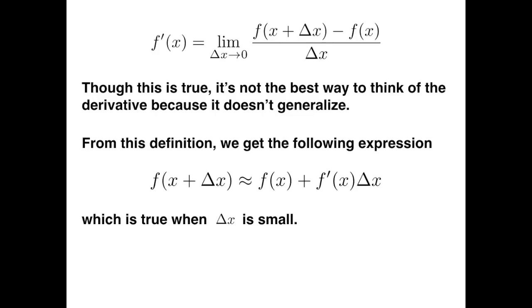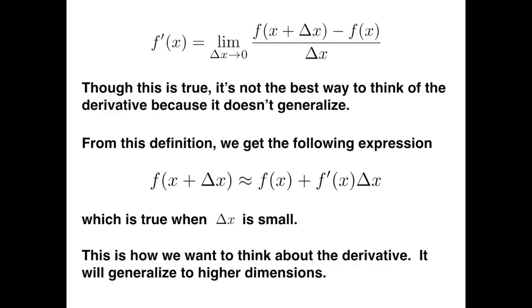From this definition, we get the following expression. F of x plus delta x is approximately equal to f of x plus f prime of x delta x. And this is true when delta x is small. This is a very good way to understand the derivative. It's going to provide us with a lot of intuition for many different types of functions, which we'll explore during this presentation.